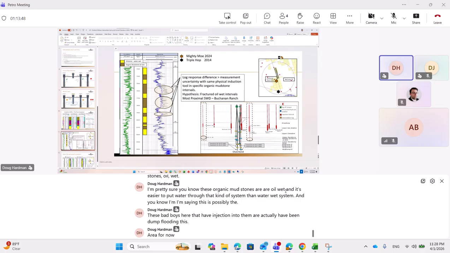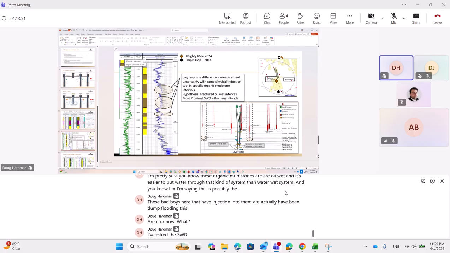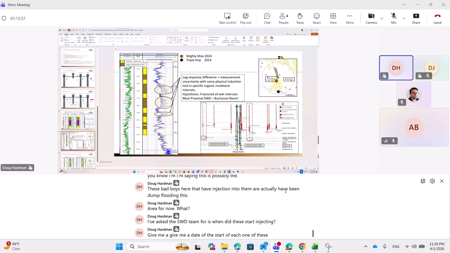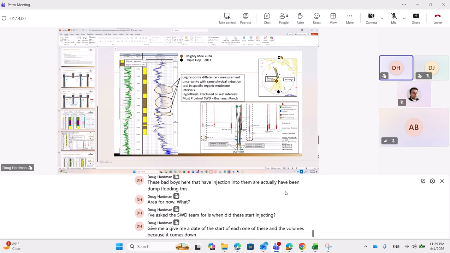What I've asked the SWD team for is, when did these start injecting? Give me a date of the start of each one of these and the volumes, because it comes down to the volumes of what's been put in there.